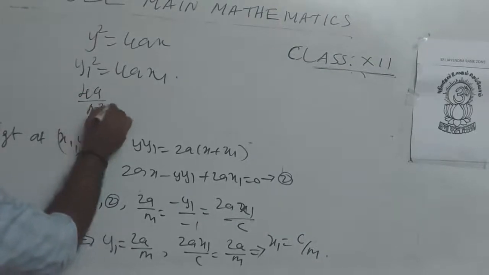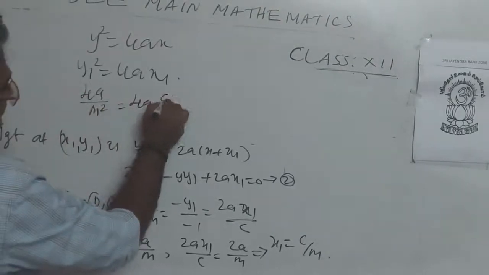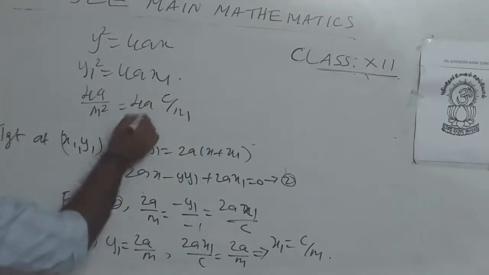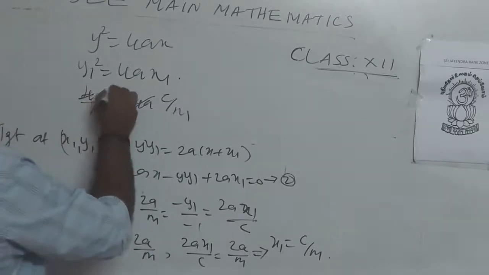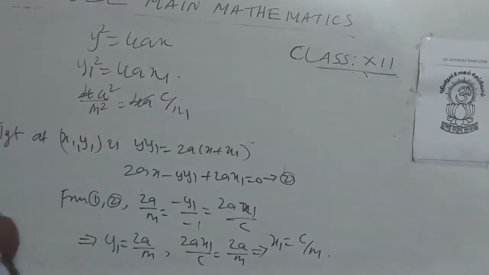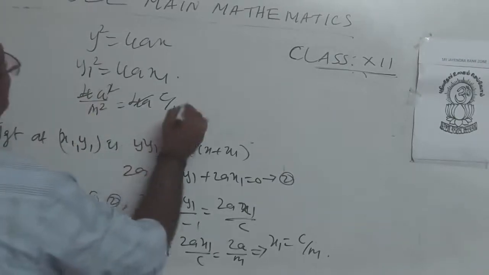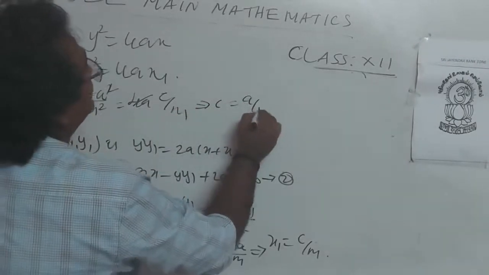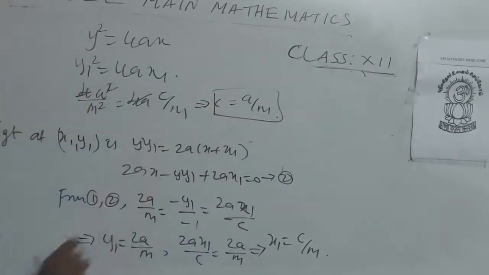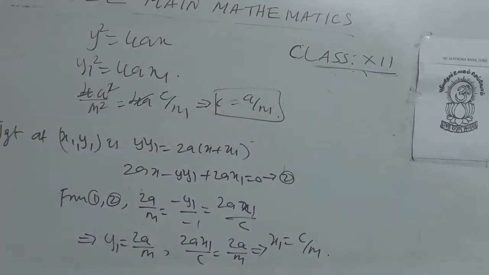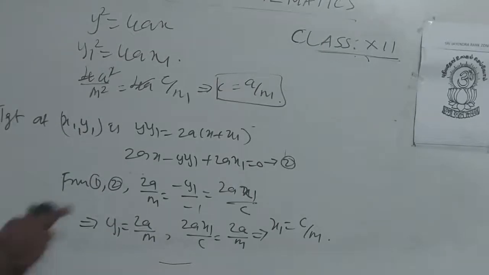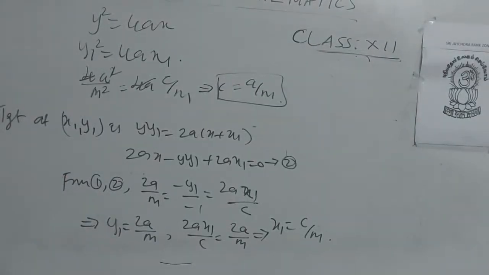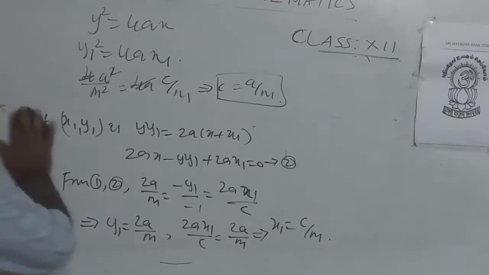So 4a squared by m squared equal to 4a into c by m. 4a will be cancelled, which implies c equal to a by m. This is the required condition that y equal to mx plus c may be a tangent to the parabola.